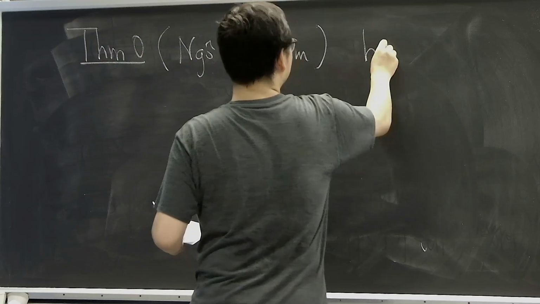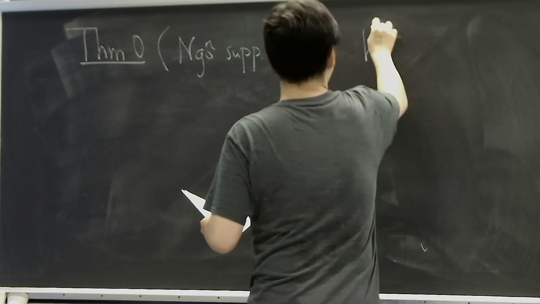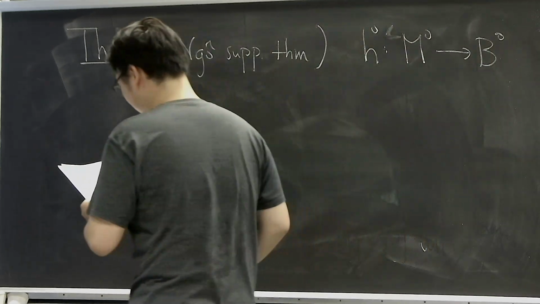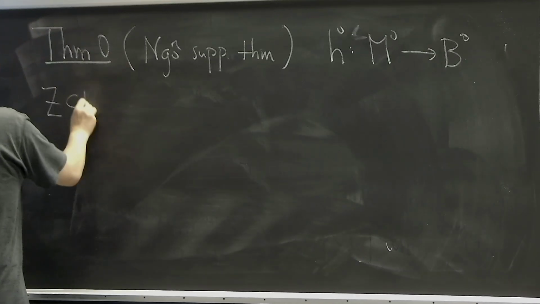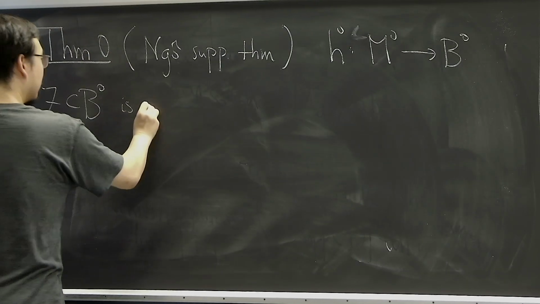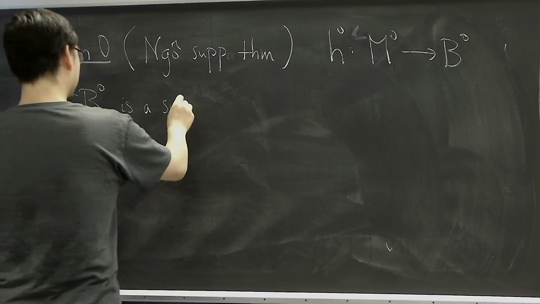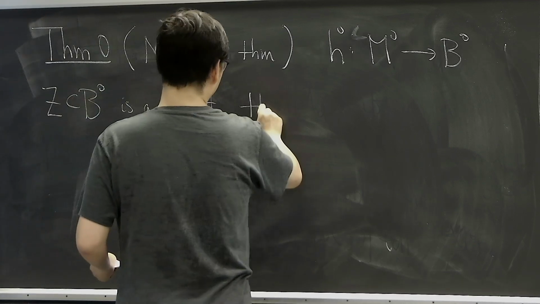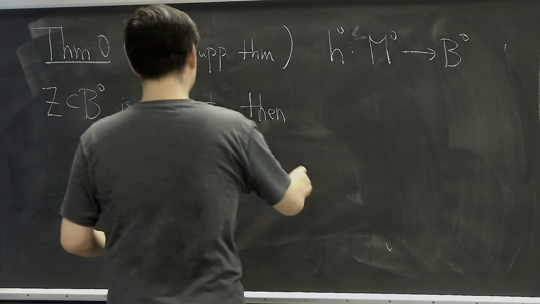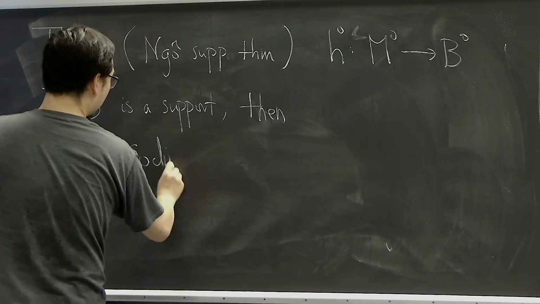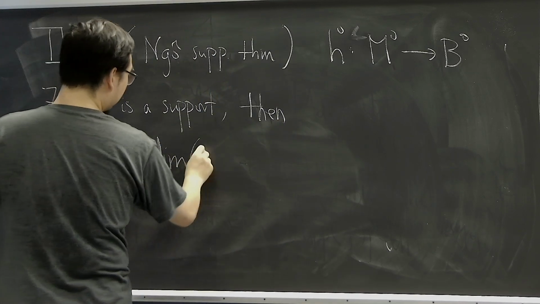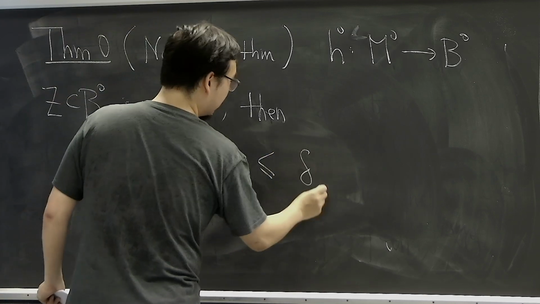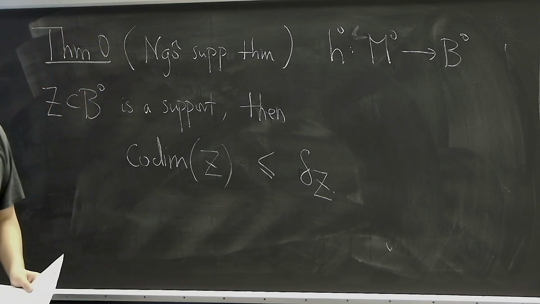If we consider h: M0 → B0, the integral part, if Z inside B0 is a support, then the inequality is that the codimension of this Z is bounded above by the delta function of this Z. And this is the first part.